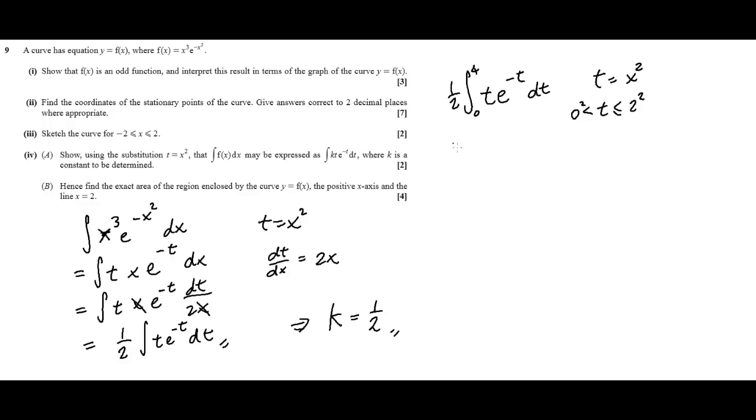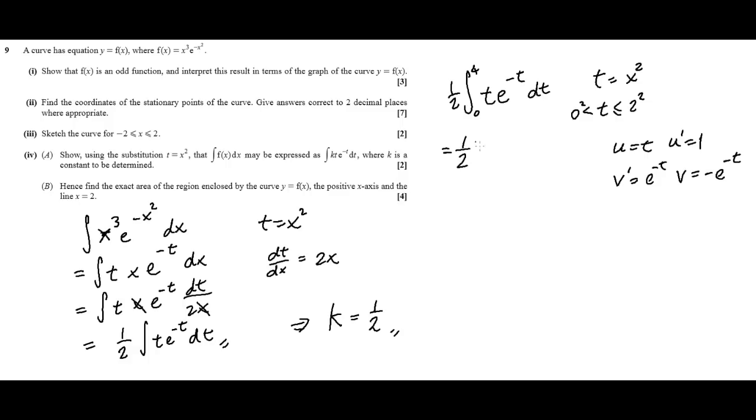With that, we integrate by parts. So u equals t, u dash equals 1, where dash is just a shorthand form of differentials. Phi dash is e to the minus t, and phi has to be minus e to the minus t.